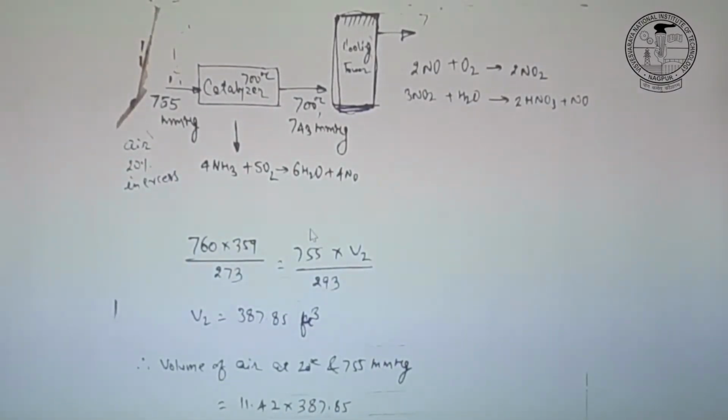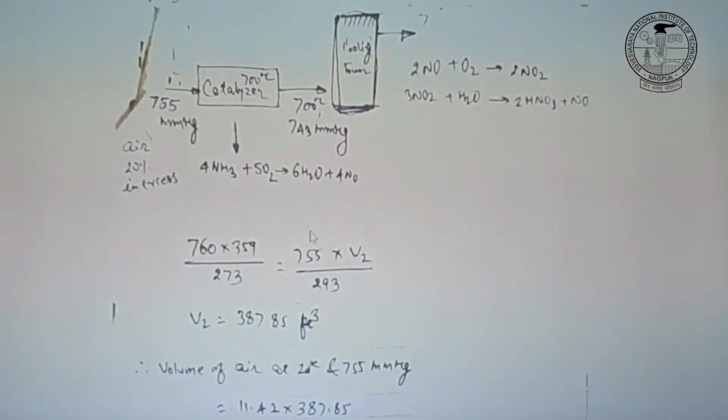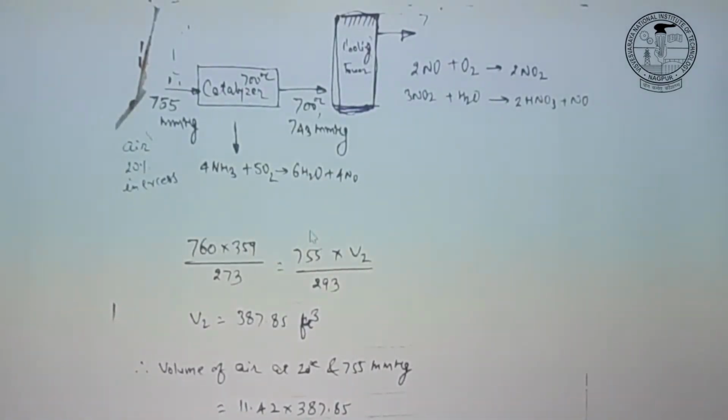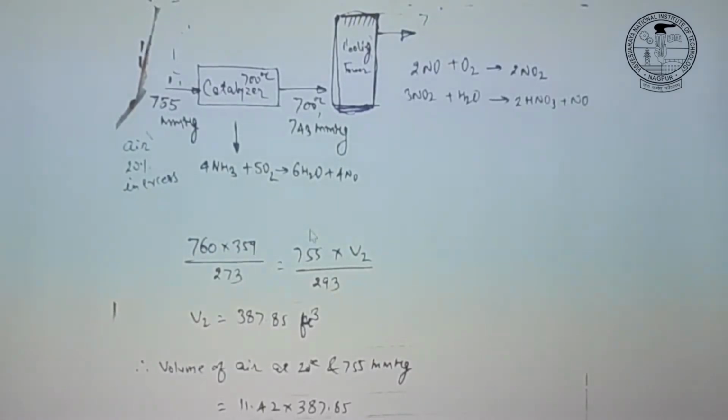However, you can convert it into psi and Rankine, and accordingly do the calculations, because if I use the same unit on both sides, there is no problem. Yes. So at 273 Kelvin and 760 mmHg, 1 lb mole of air will occupy 359 cubic feet of volume, that we know.